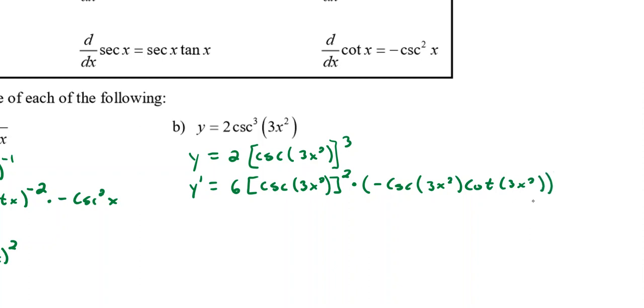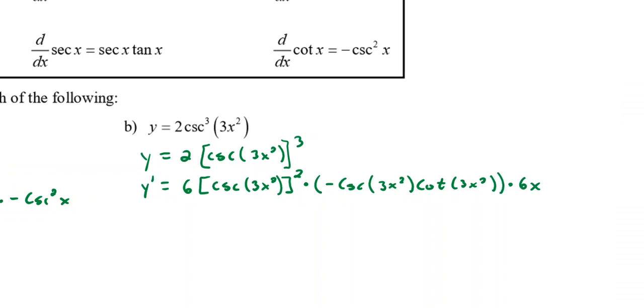It seems like you'd be done there, but we have one more to do. That was the second step: we took the derivative of cosecant, and this was my x in that case. But now we've got to do the inside of that. So the next part is taking the derivative of 3x squared, which would just be 6x. And there you go, there's our derivative.